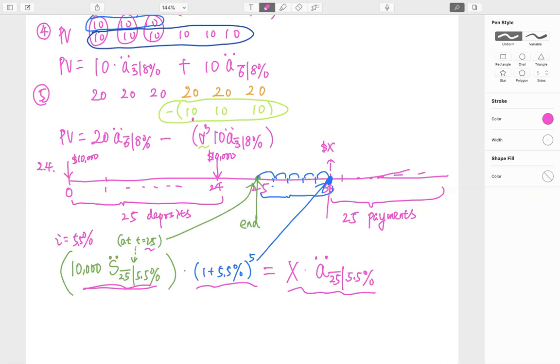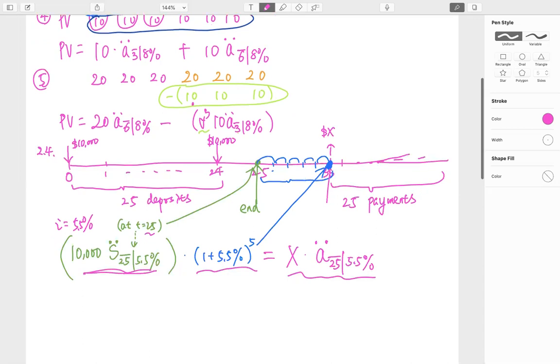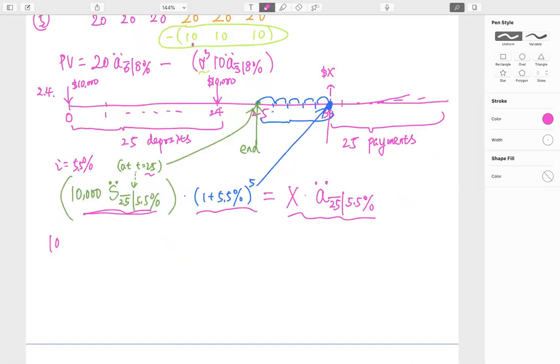From here, the rest is not complicated, right? Please do not do all the computation. There is a lot you can simplify. So what is the difference between future value and the present value? It's 1 plus i raised to the power of n. So then it becomes the present value.